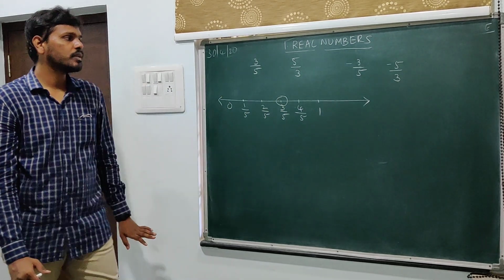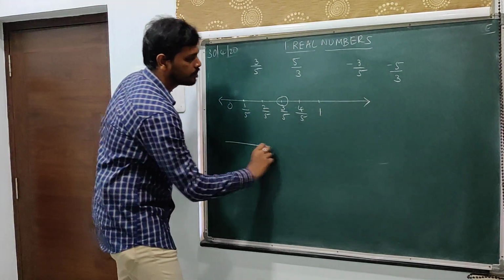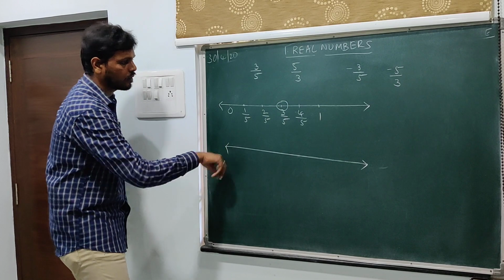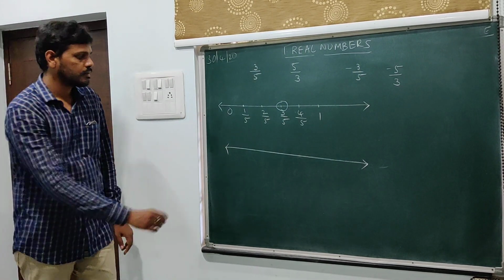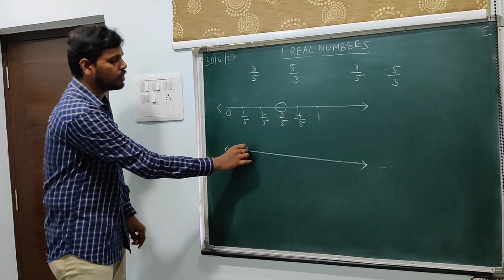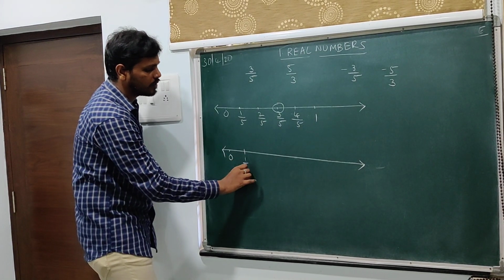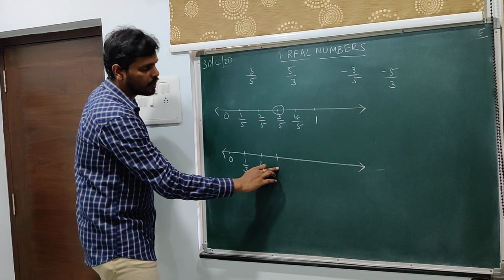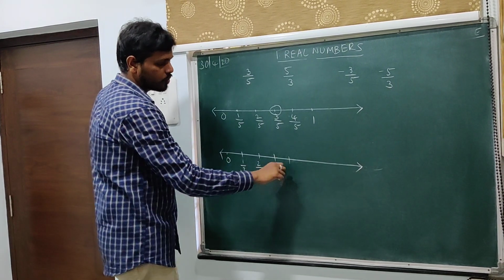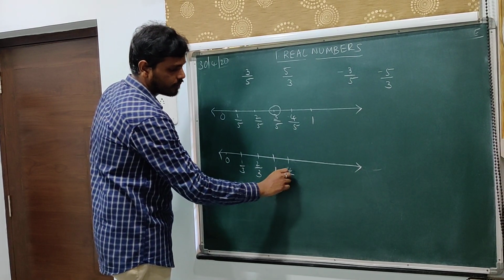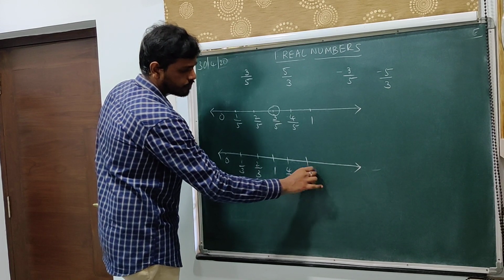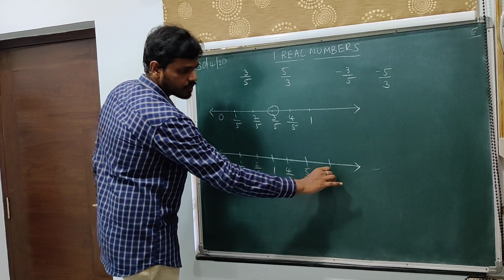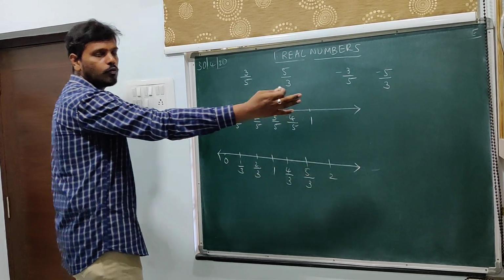If suppose you want to represent 5 by 3. Now 5 by 3, again a similar case. Start with 0, again we move with 1 by 3, the denominator is 3, so we start with 1 by 3, 2 by 3, then 3 by 3 is 1, so I am writing 1. Next 4 by 3, next 5 by 3, next 6 by 3, 6 by 3 is 2, so I will leave it. You can also move forward, it is not required.